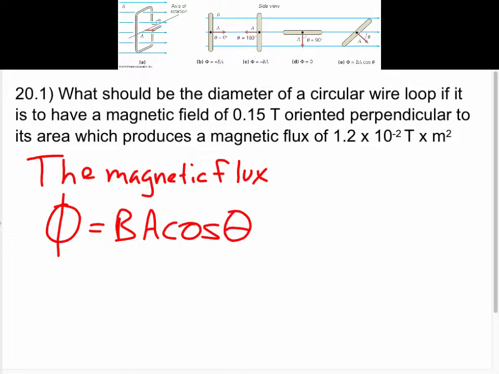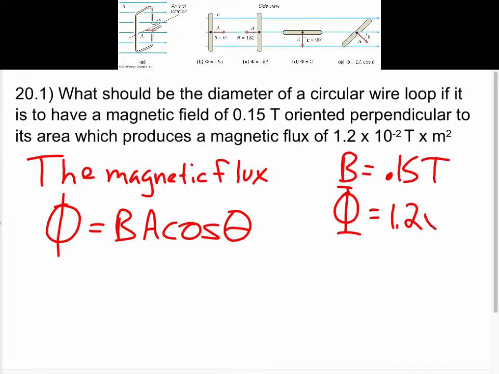And so we know that the magnetic field is 0.15 Tesla. We know that the flux is 1.2 times 10 to the negative 2 Tesla meters squared.